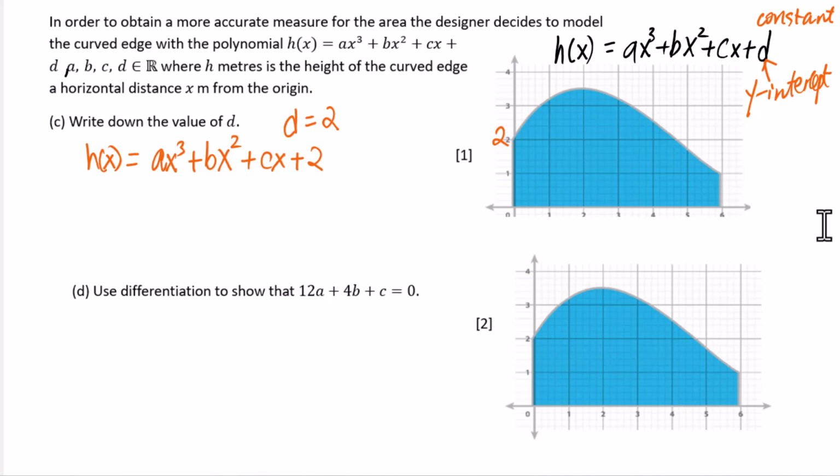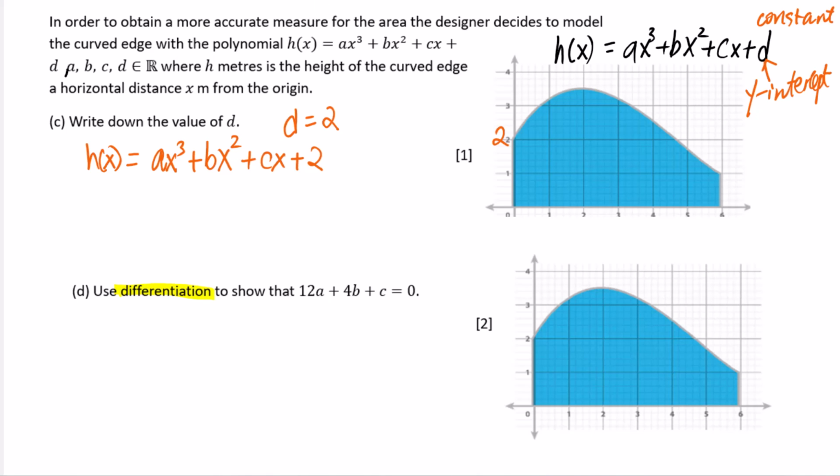Let's go to D. Use differentiation to show that 12a + 4b + c = 0. Differentiation means derivative.